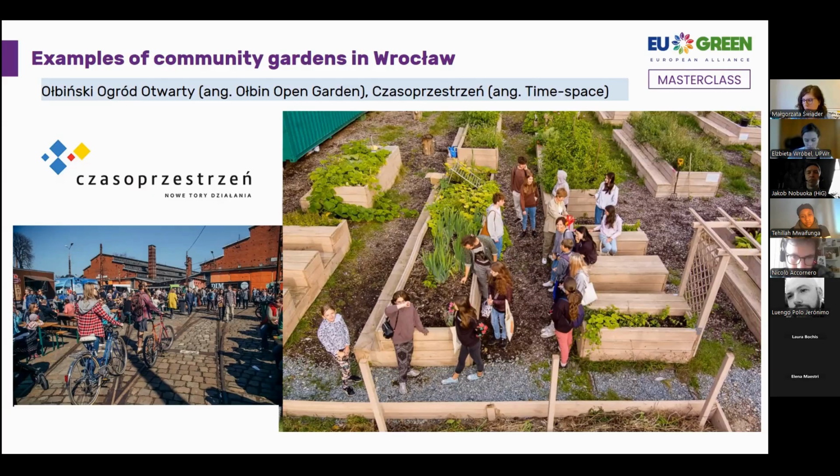They are responsible for it. Even some schools operating close to the area are coming for regular classes and activities to maintain their own pot, to learn how to cultivate some veggies or some flowers, and they have regular classes on this area.